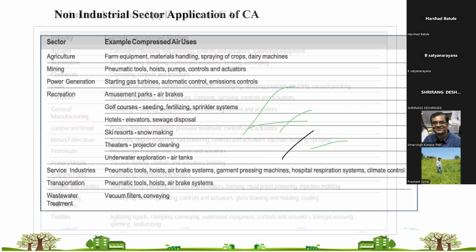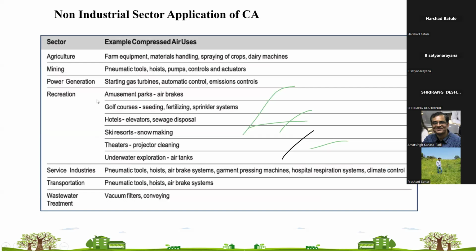Then there are some applications in the non-industrial zone, like the mining industry, where pneumatic tools, pneumatic pumps, controls and actuators are used. In power generation, compressed air is used in emission control equipment.